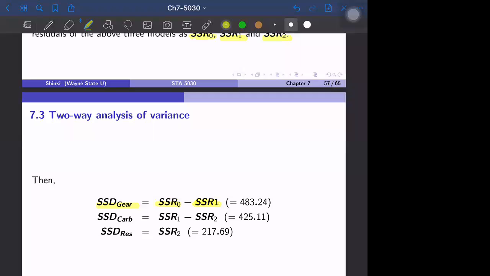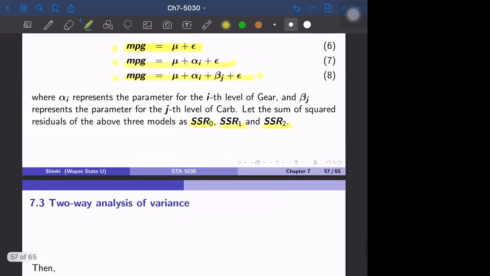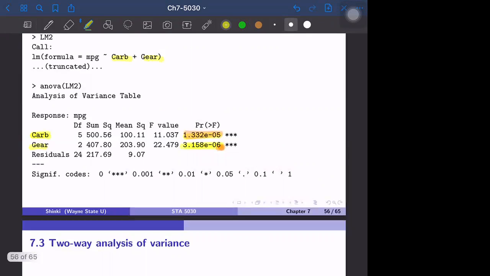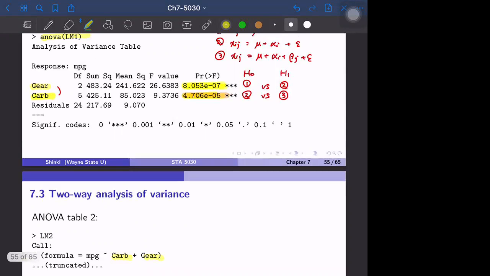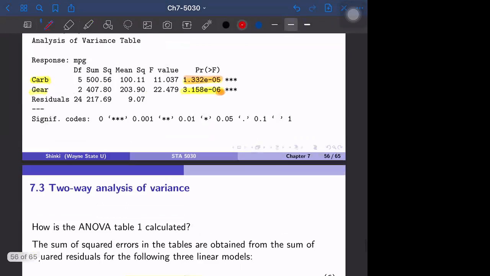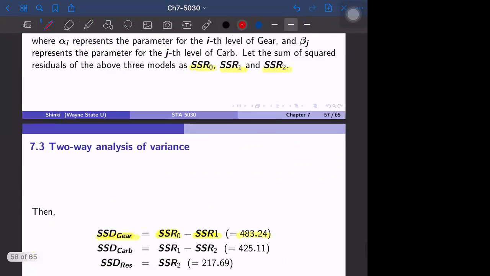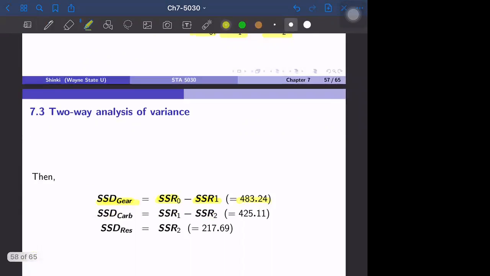That means this sum of squares for gear is a positive value. So this is the 483, the number that we had in the previous table. In the same way, the next line is obtained by SSR1 minus SSR2.